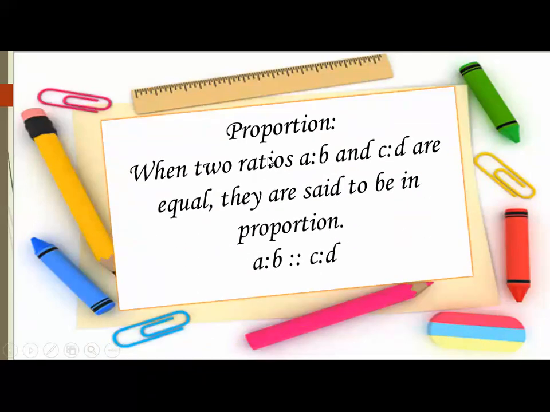What is called proportion? Proportion means when two ratios, A ratio B and C ratio D, are equal, they are said to be in proportion.